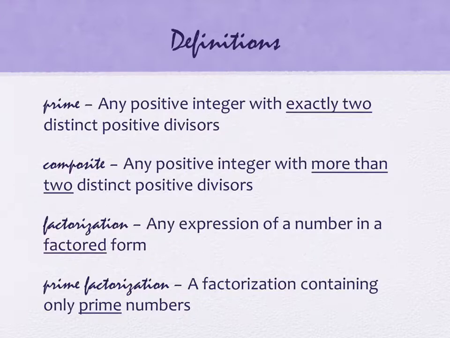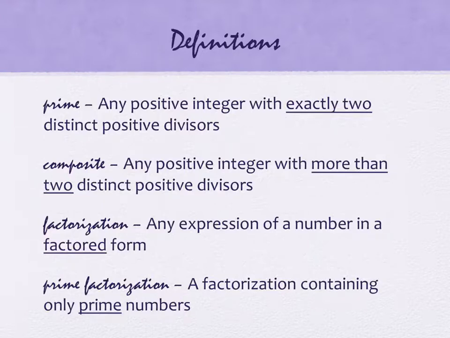A prime number is any positive integer with exactly two distinct positive divisors. I'll go through this whole list and then we'll go back and give some examples. So if you want to leave yourself a little bit of space, if you're writing things out without my notes, do that.